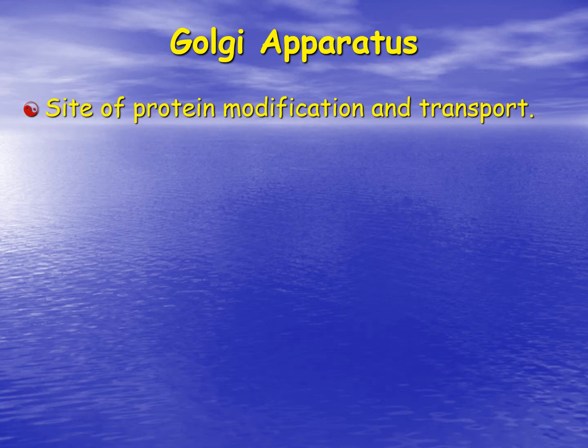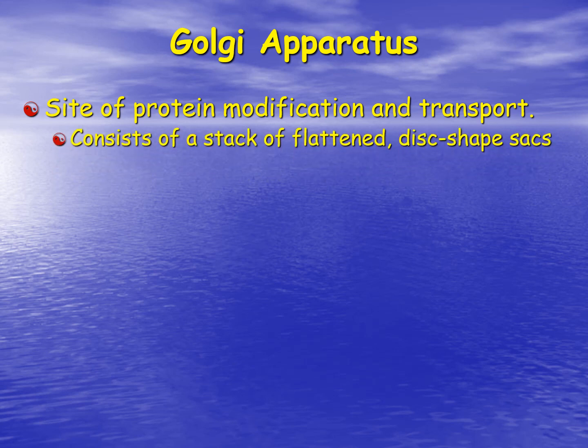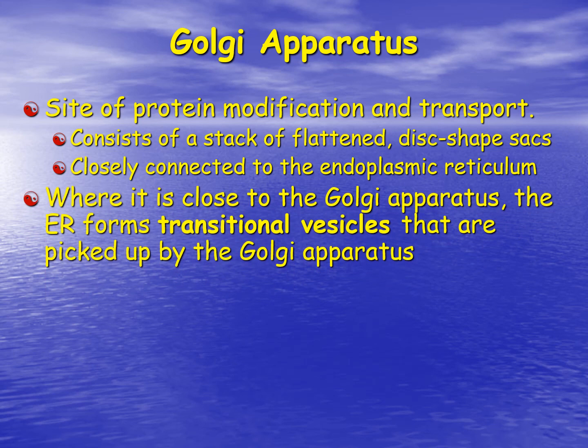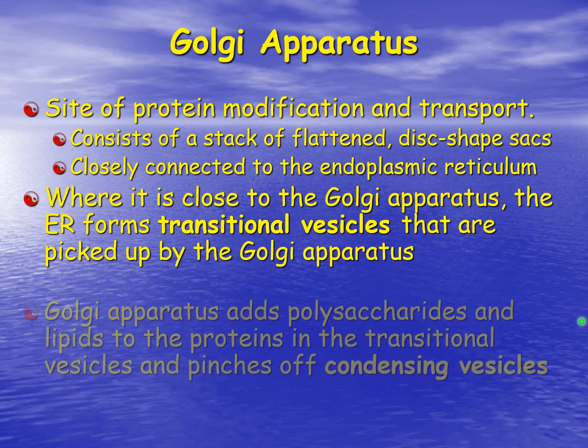The Golgi apparatus is also a double membrane bound organelle, and it's the site of protein modification and transport. It consists usually of 6 to 9 or so stacks of flattened disc-shaped sacs, usually closely connected to the endoplasmic reticulum. Where it is close to the Golgi apparatus, the ER will form transitional vesicles that pinch off from the ER membrane that then are picked up by the Golgi apparatus.